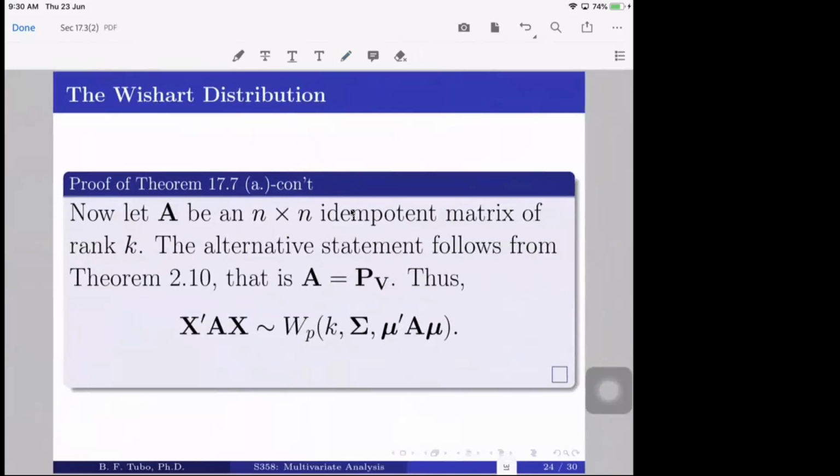Now, what happens when we have an idempotent matrix A of rank K?